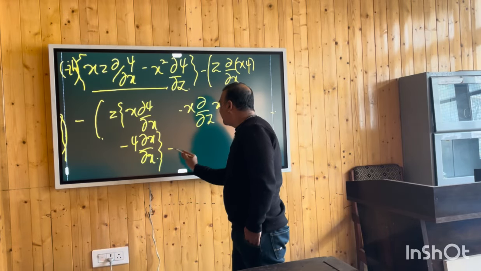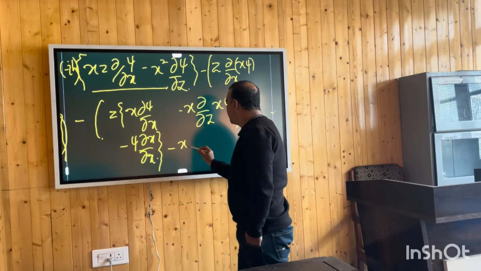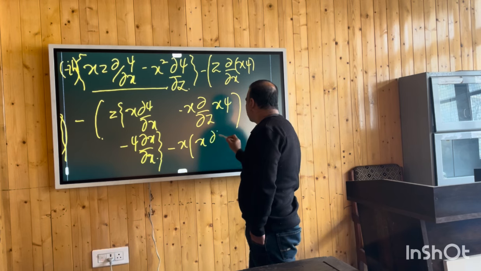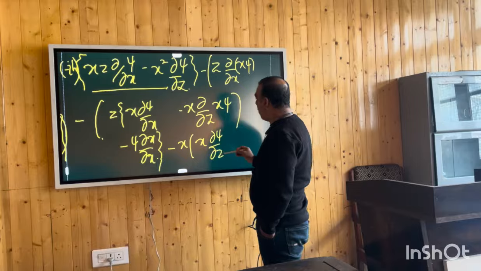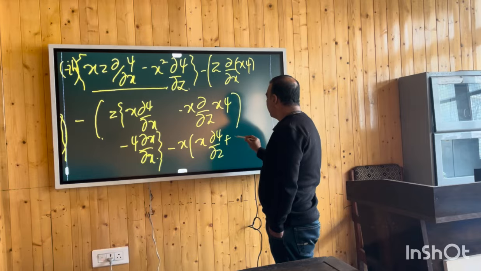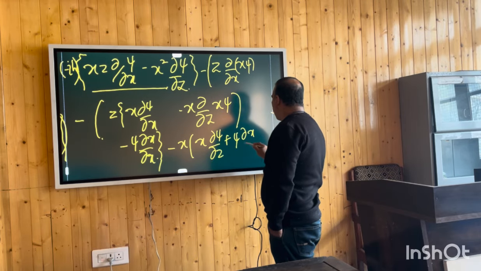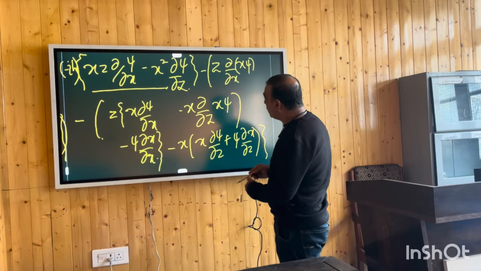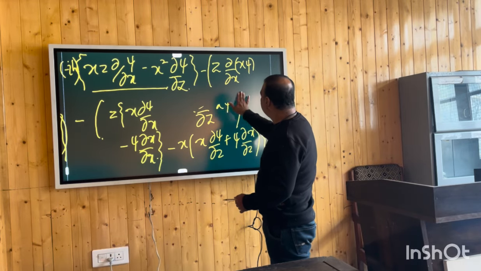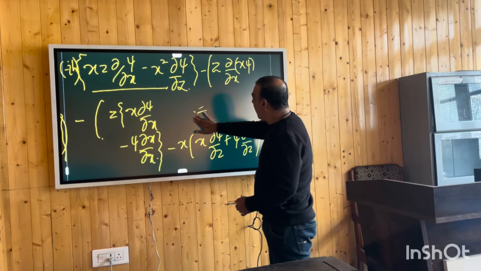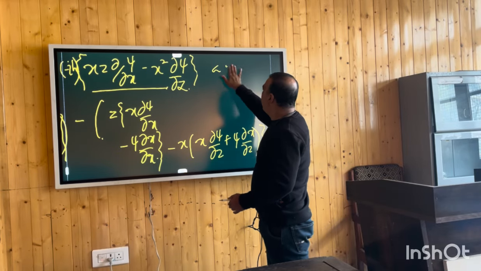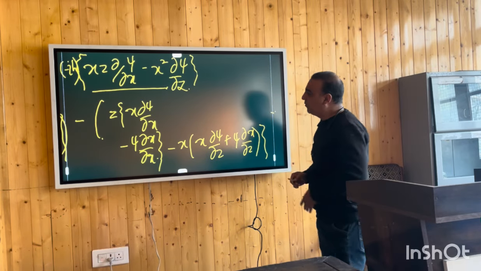So I will have minus x, which will remain as it is, dou psi by dou z, then you will have plus psi dou x by dou z. And that's it. So this is the story in front of me. This I should rub off, and this I should rub off, and I'm left with the argument that I have on the board.